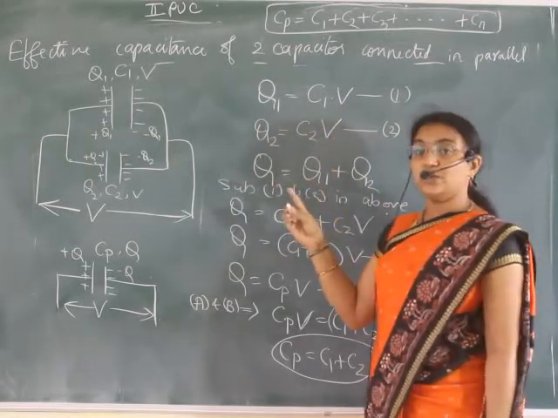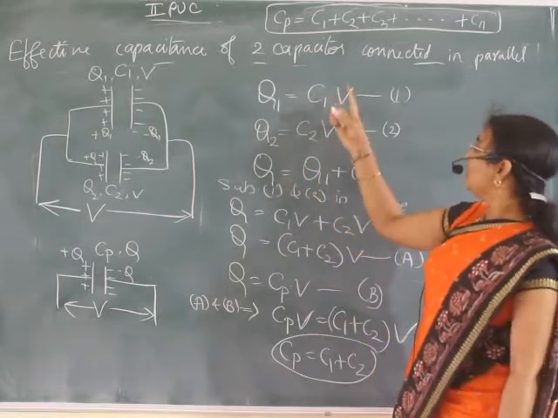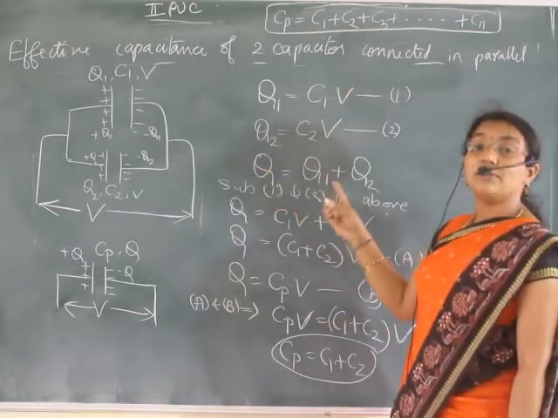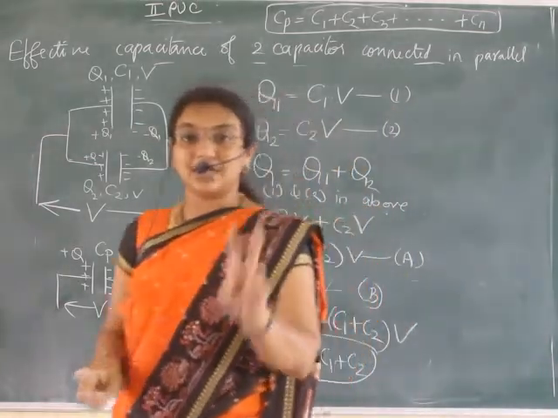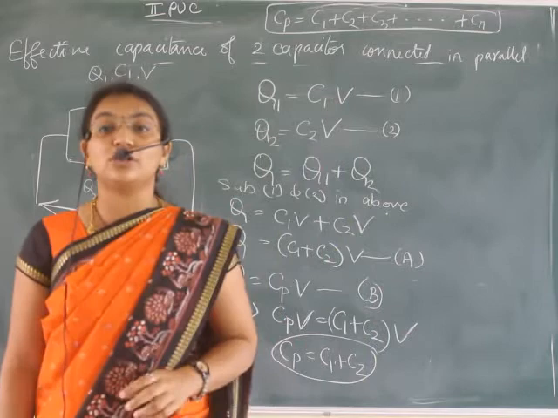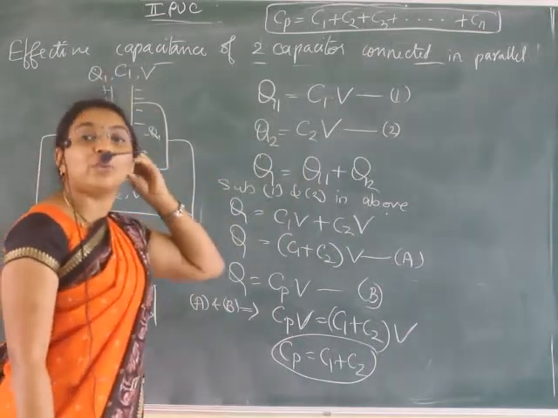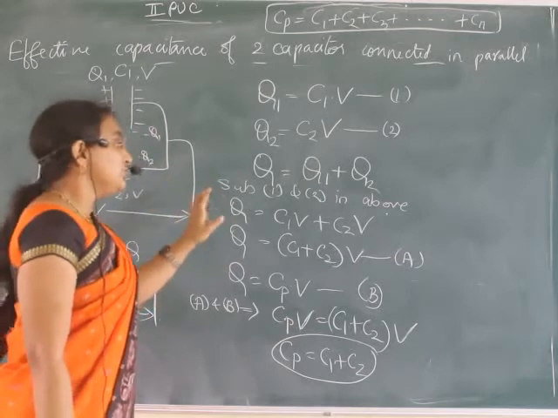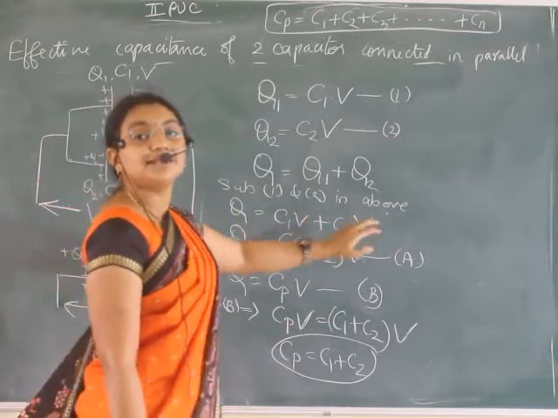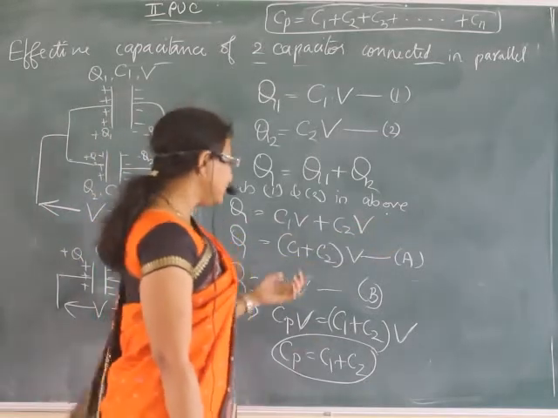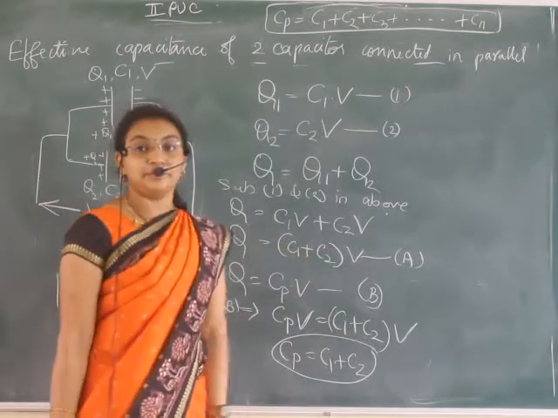Therefore, Q is equal to Q1 plus Q2, the total or net charge stored in the combination of the two capacitors. So Q is equal to C1V plus C2V. V is common, take it outside.